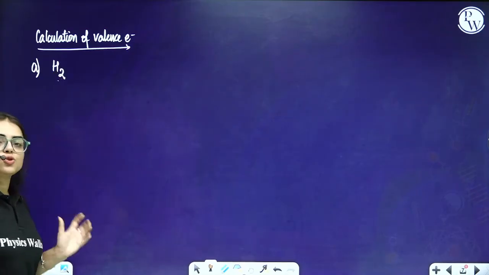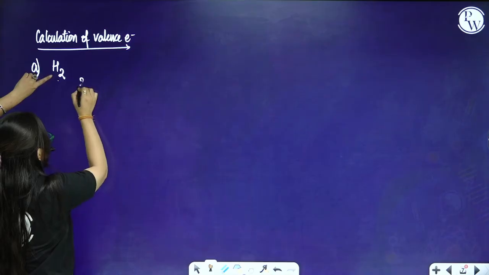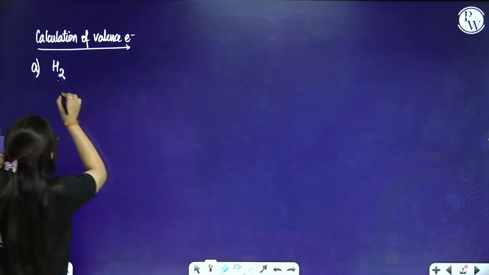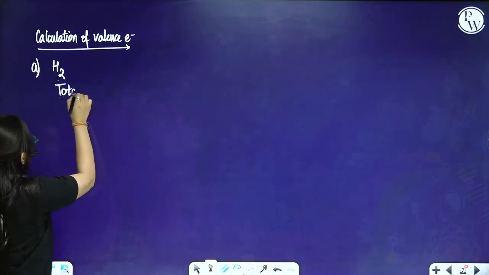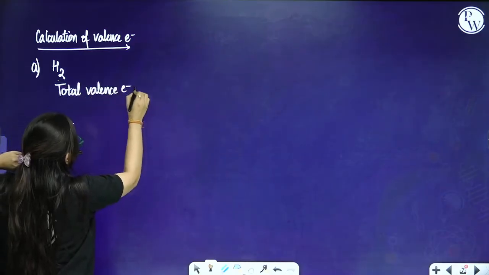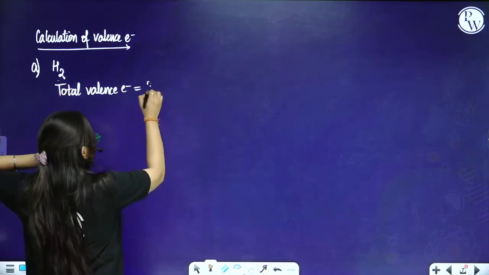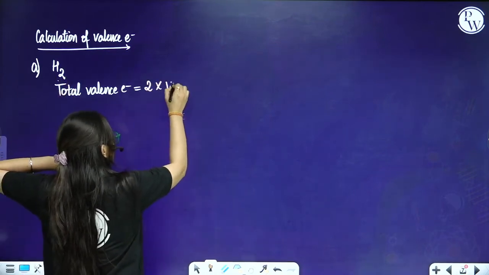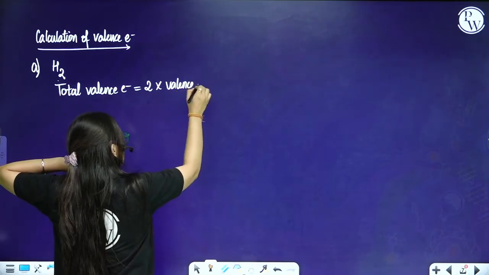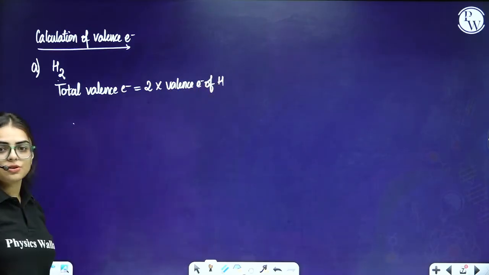For the case of H2 molecules, how you have to calculate? See, how many hydrogen? 2. So here calculate total valence electrons. How many hydrogen, ma'am? 2. So 2 into valence electrons of single hydrogen, because there are 2 hydrogen, right?